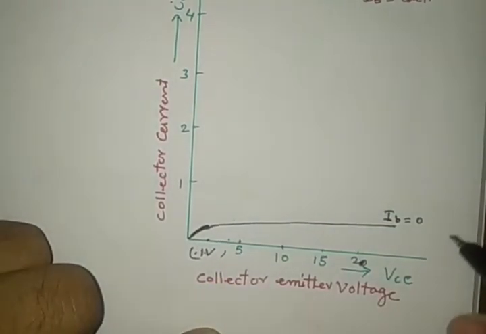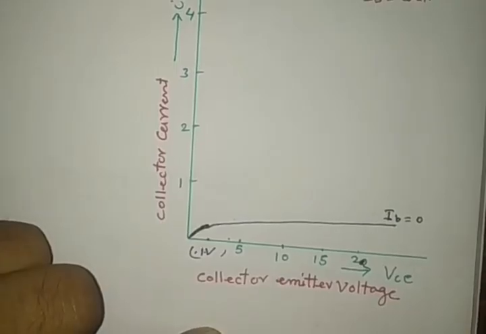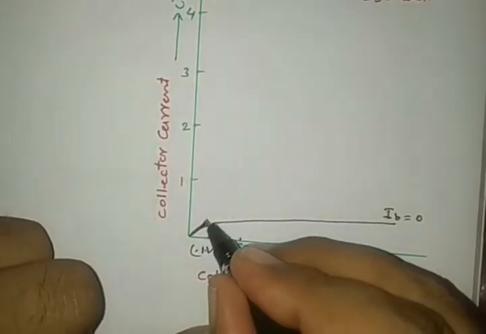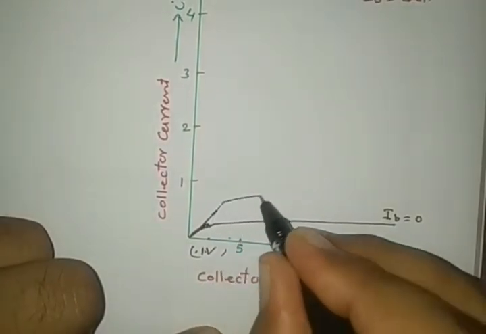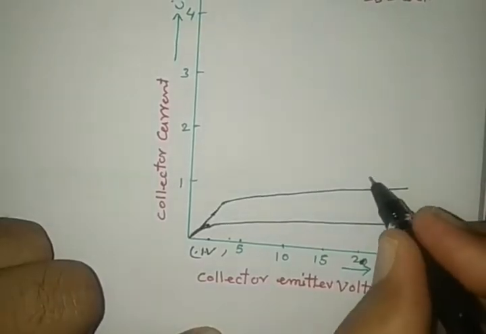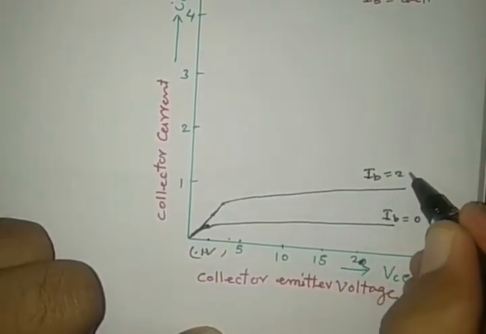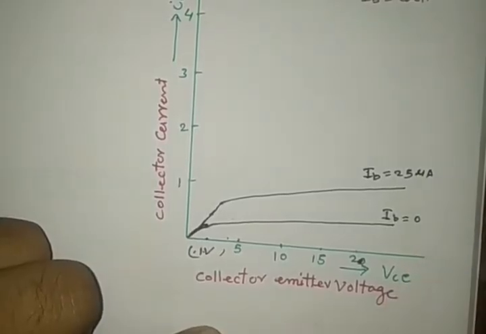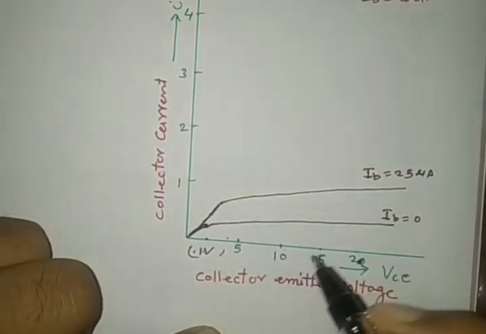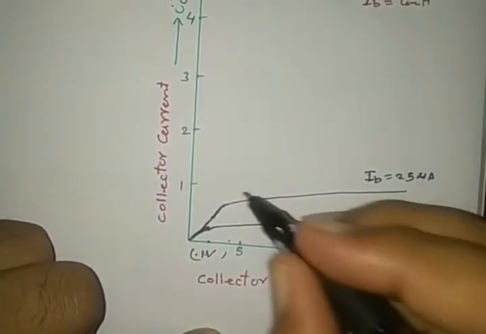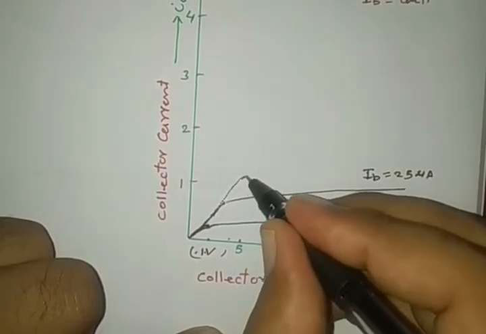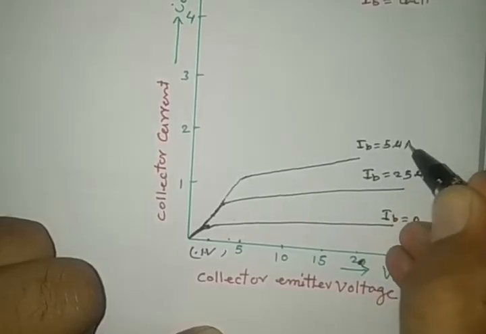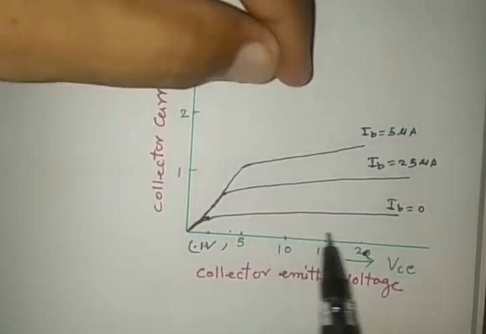On increasing IB in the input circuit, suppose up to 25 microampere, it again increases slowly but becomes constant. It is at IB equal to 25 microampere. Again if the input current is increased up to 50 microampere, it increases sharply, then becomes constant at IB 50 microampere. This is almost constant.